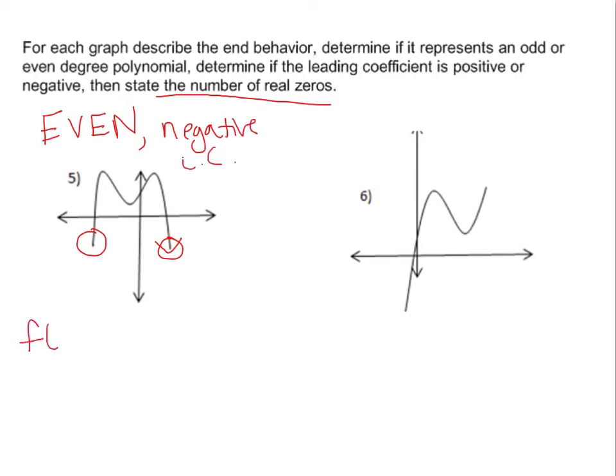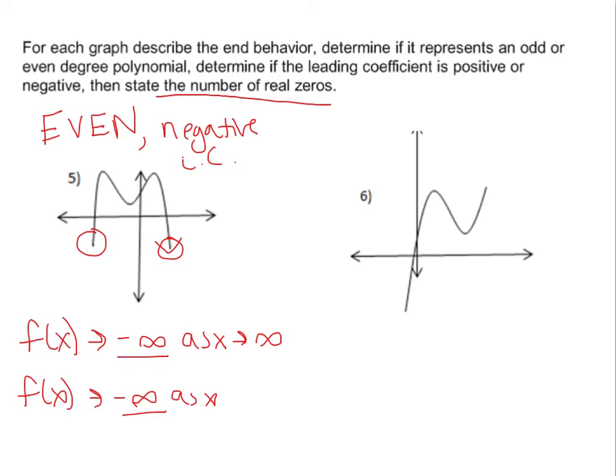And then our end behavior here, since both sides are going down, f of x would approach negative infinity as x approaches infinity, and f of x would approach negative infinity as x approaches negative infinity. So those both get filled in with negative infinity since they're both going down. Stating the number of real zeros, that's just simply how many times it crosses the x-axis. So here it crosses once, twice, so we would say there are 2 real zeros.